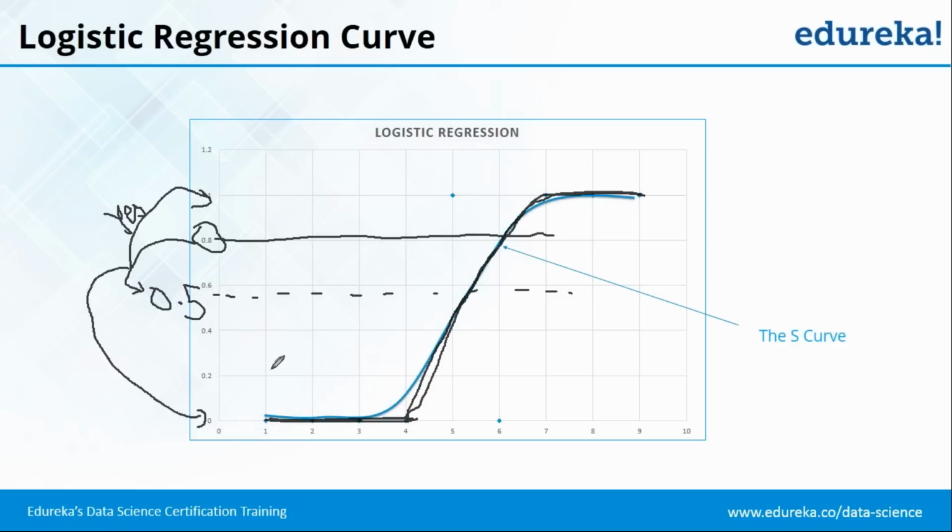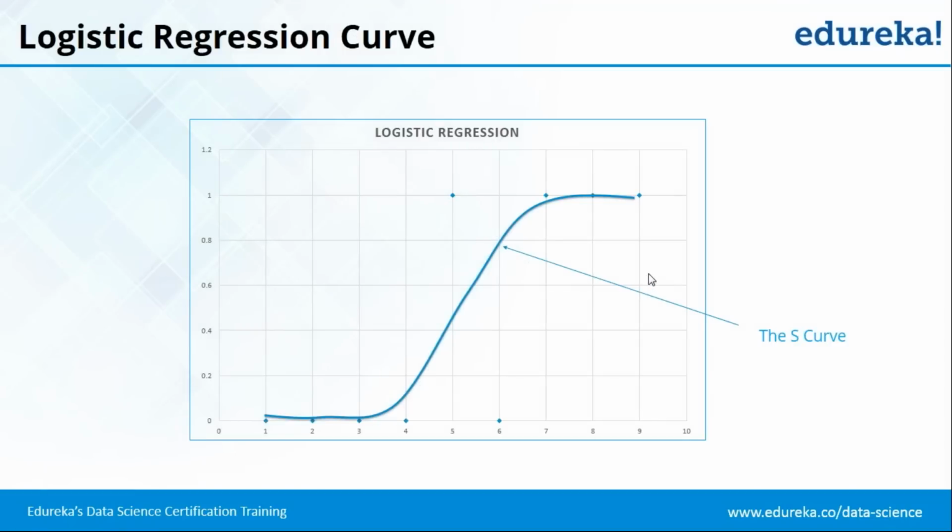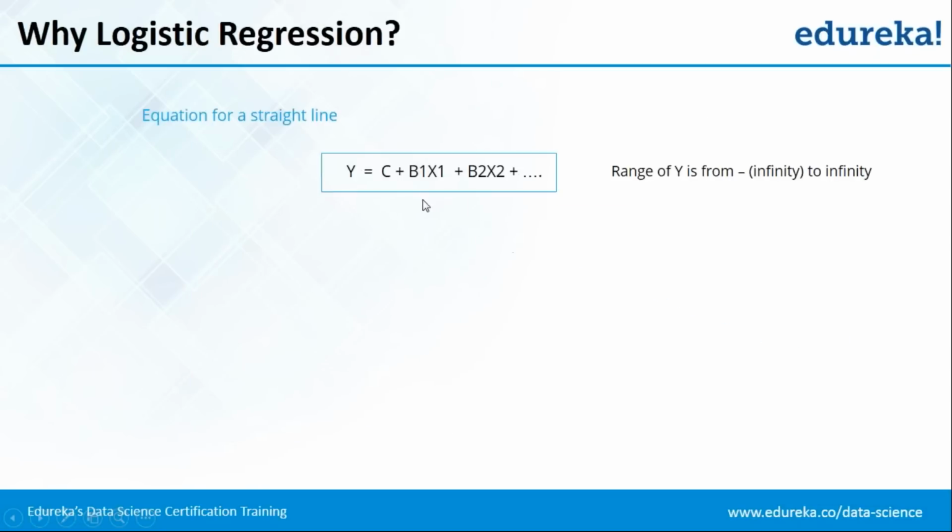This is how logistic regression actually works, and this is how you predict values through the S-curve. We had to come up with this kind of curve because it represents logistic regression, because of the transformation happening. To have this curve, we should have a linear equation, so we compared it to the straight line's linear equation.